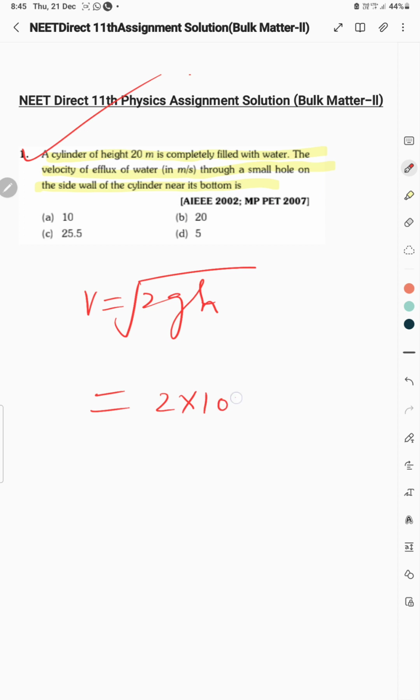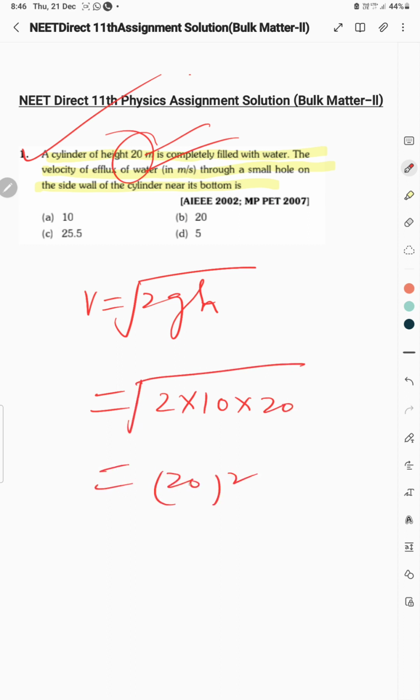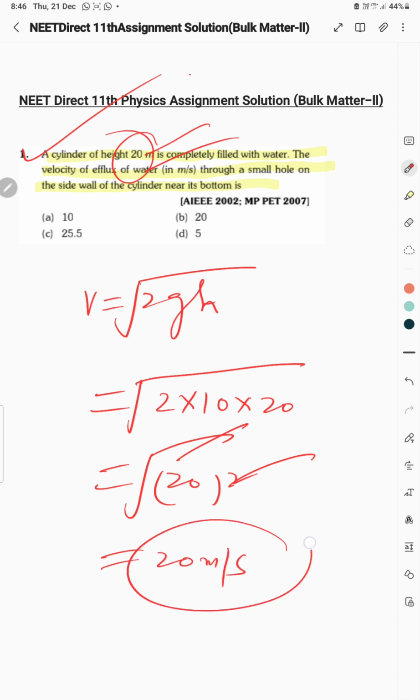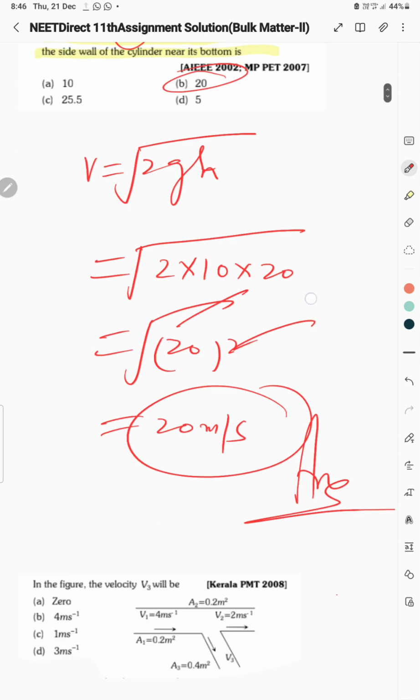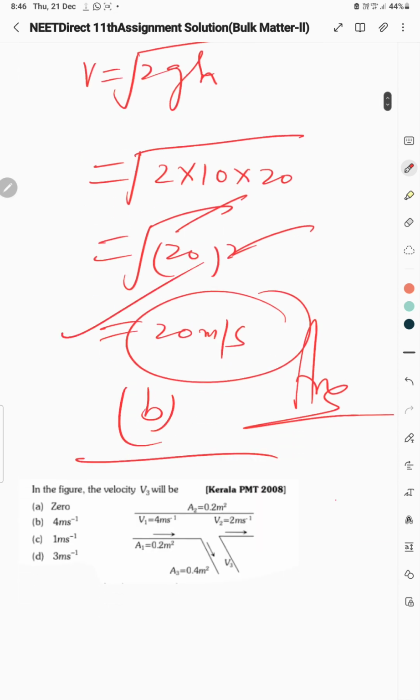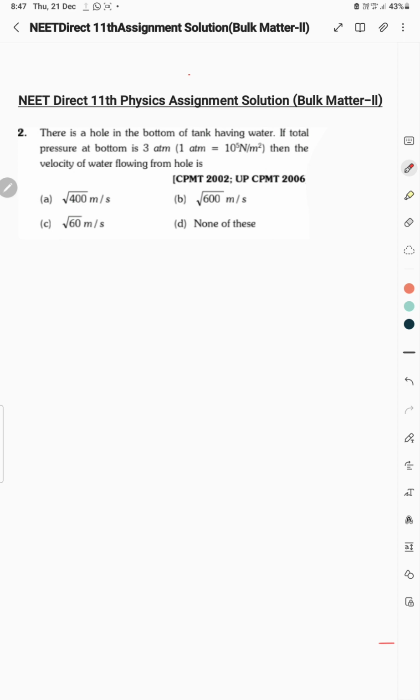Root of 2 into g, I take roughly 10, and height means depth to which water is filled, that is 20. So this is root of 20 square, and this is 20 meter per second, and that means option B is the correct option for this problem. So now let's move on to question second.